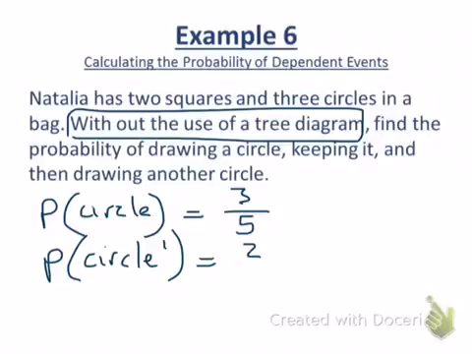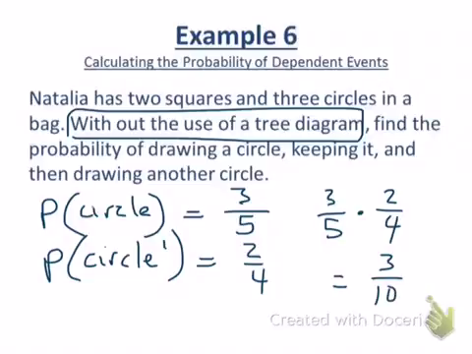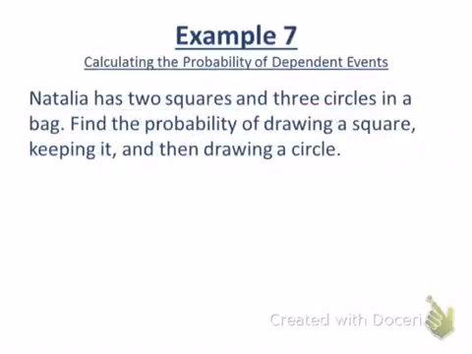Now it is 2 out of 4, which is 1/2. So the probability of these 2 events happening together is 3/5 times 2/4, or 1/2, which is 3/10. Easy enough? Okay.